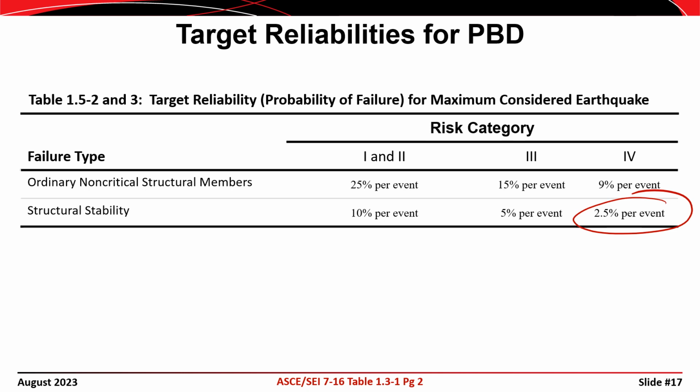Well, two things, really. This is a maximum considered earthquake, so it's an earthquake that's going to occur every 2,500 years. So the odds of it occurring during the life of the structure are fairly small. Moreover, it's again a balance between cost and consequences, right? If we designed every building to resist an earthquake that probably won't ever happen, then the cost of the structures would just be so high as to be prohibitive.